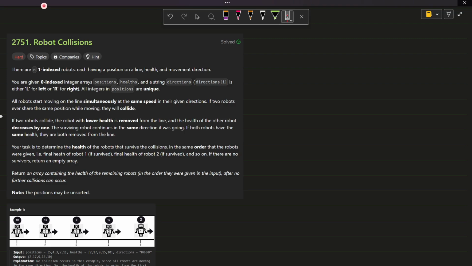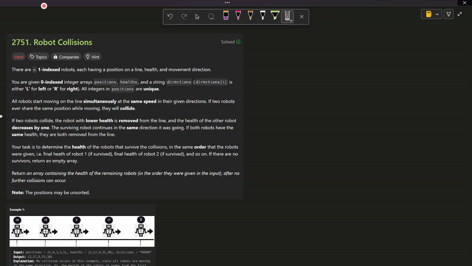So the question states that there are one-indexed robots, each having a position on a line, health and a movement direction. You are given zero-indexed integer arrays position, health and a string directions, where each direction will be either L for left or R for right, and all integers in positions are unique.